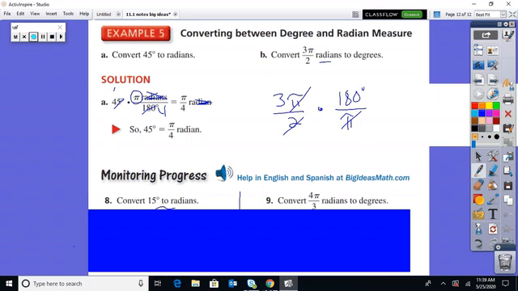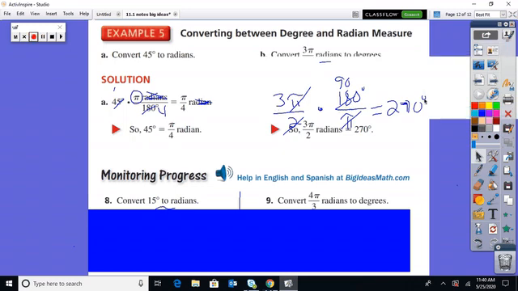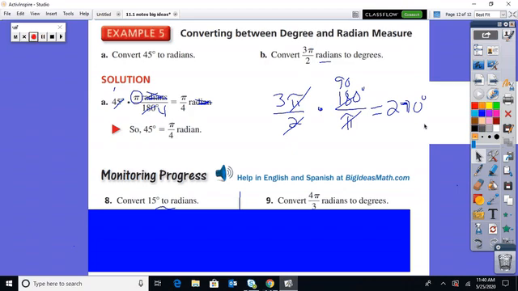I can reduce 2 in 180. So 3 times 90, 270 degrees. And you'll memorize a lot of these after you take pre-calc. But I kind of like the way I do it a little bit better, just because the word radians might mess you up. All right, pause it, take a look at this last one, see what you come up with.